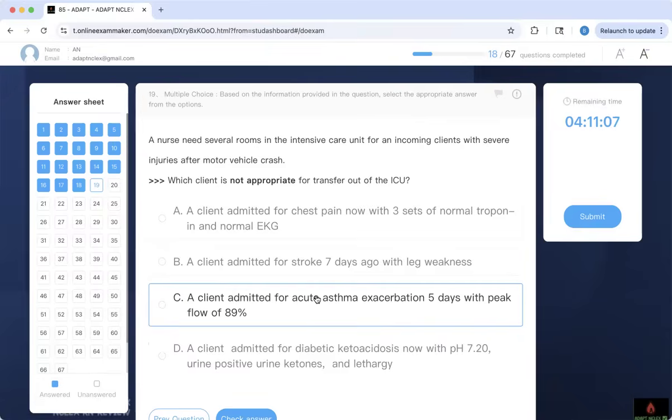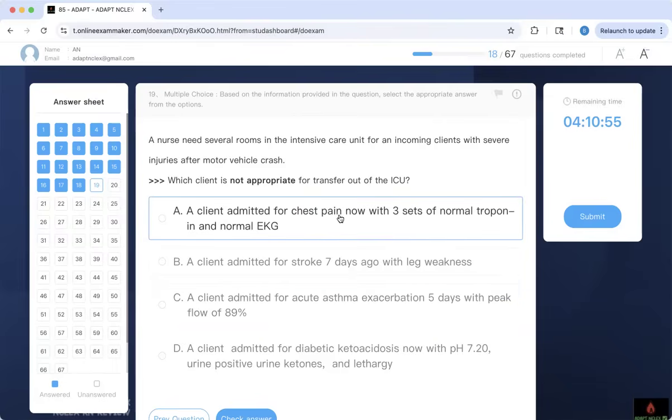Prioritization and triage nursing. This question is a triage nursing question. Stop the video and let me know what you think. I would like to know what your answer is for number 19. But I can tell you, if you have chest pain and your EKG is normal times 3, and your troponin is normal, we're good.